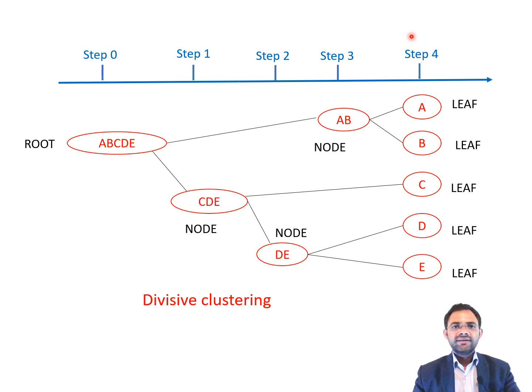In the next step, we partition the cluster again into two least similar clusters. In the next step, we proceed recursively to form new clusters until the desired number of clusters is obtained. Thus, finally, we get a divisive clustering diagram.